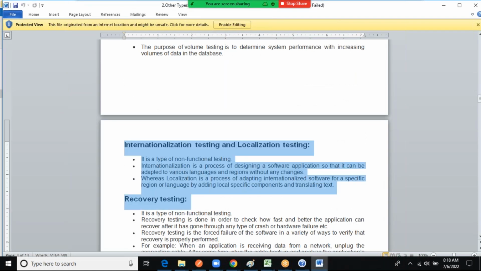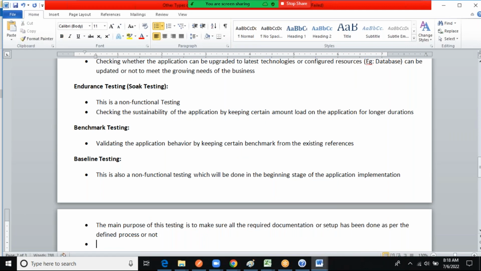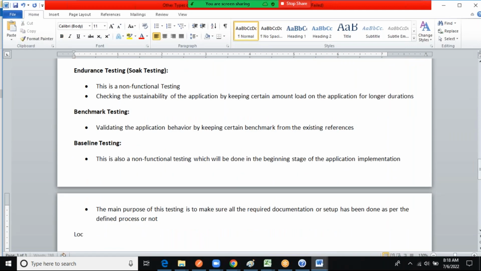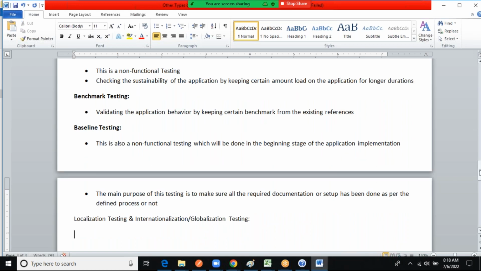Yeah, this one I wanted to explain. Localization testing and internationalization testing or globalization testing. What is this one?